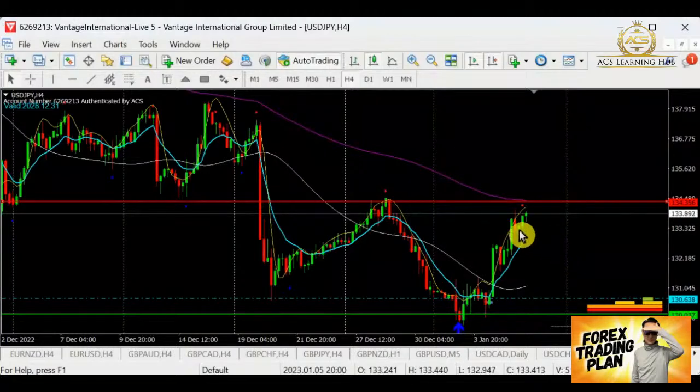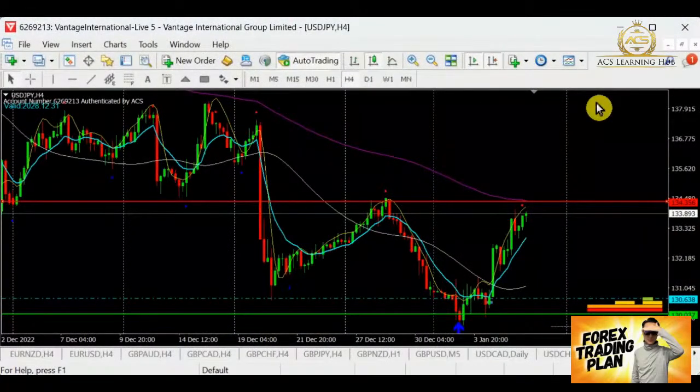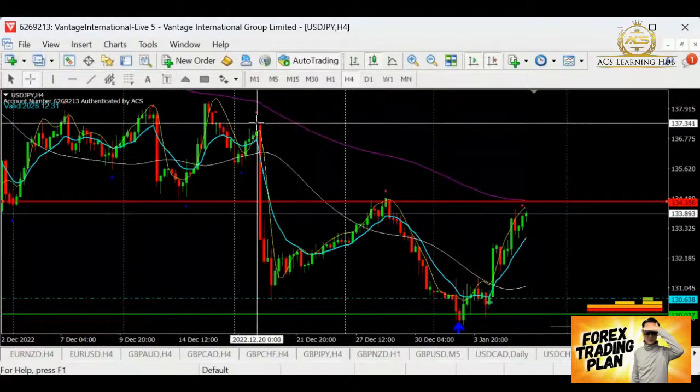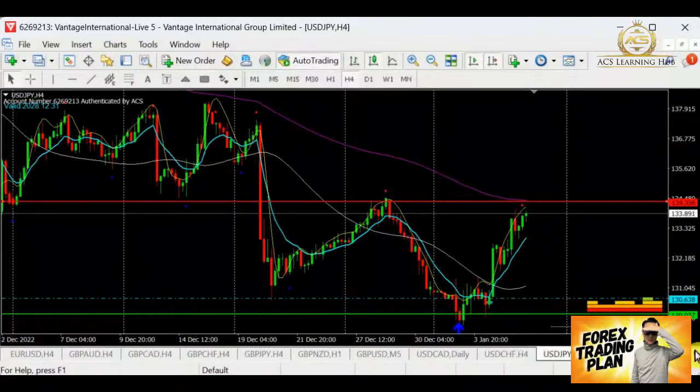If not, it may even break out, and then after that we test this as a support to go further up. It's still possible, and we are still looking out for this level 137. So there will still be very, very big space to buy. So for dollar yen, I will tentatively just skip this. I'm not going to touch this.